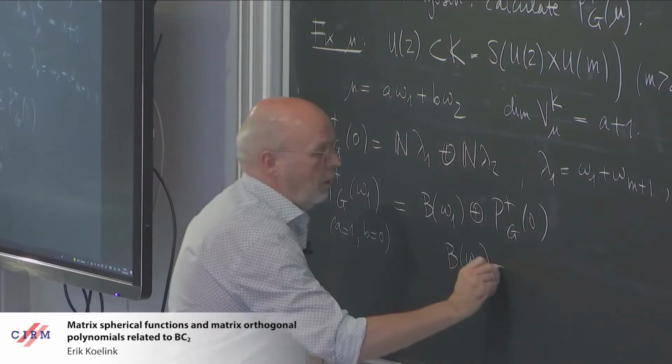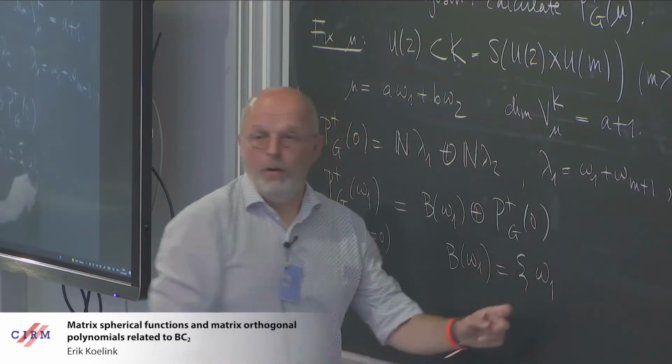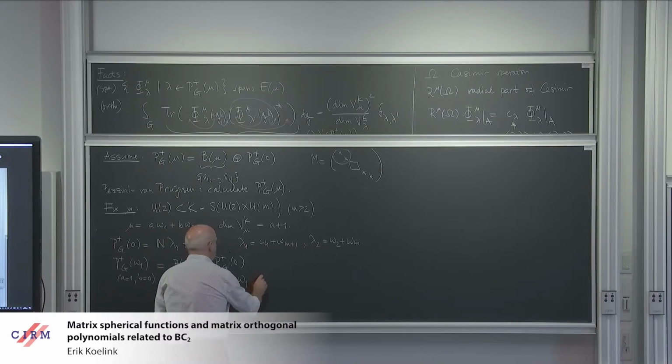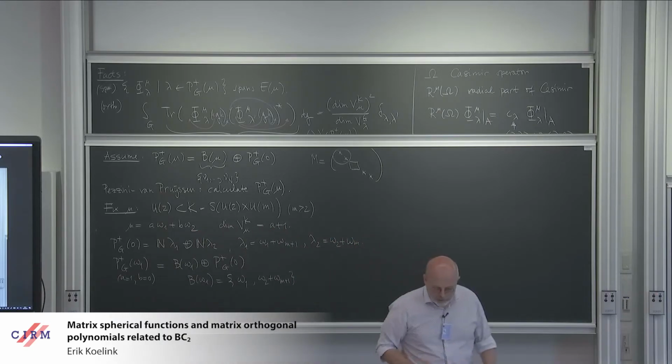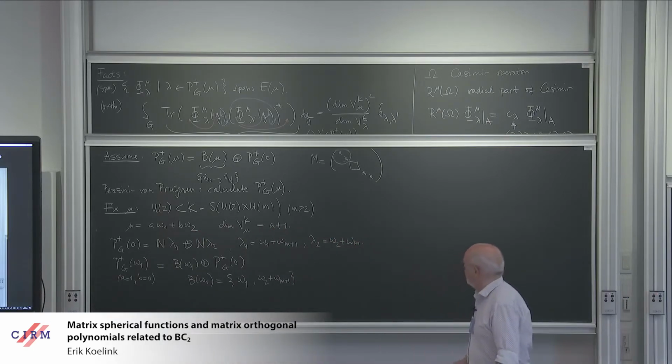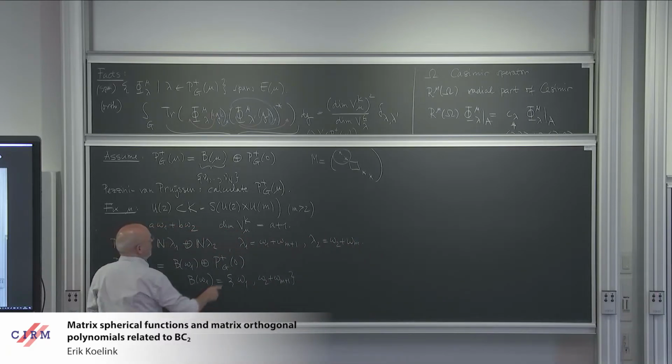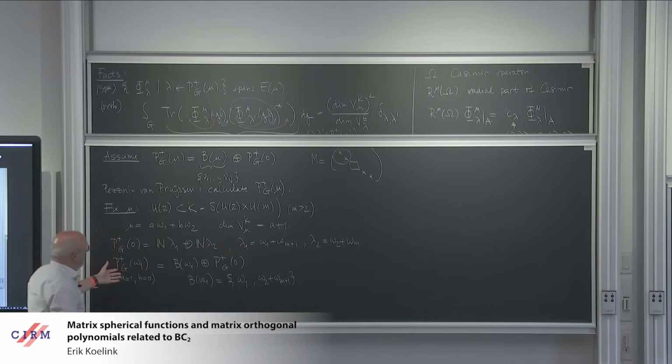And that is omega 1, but now considered as a G representation, which is kind of okay, because this is natural embedding of this U2 block into G. And the other one is omega 2 plus omega n plus 1. Now I need to check this because I never learned this by heart, but it's correct, this one. And so we know that this representation is two-dimensional, so think of it as the fundamental representation of U2.